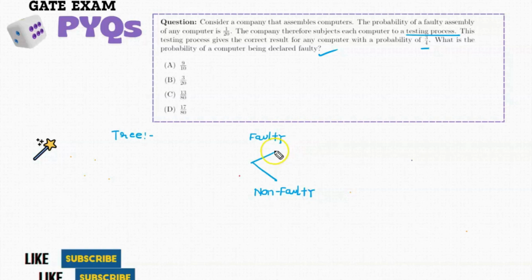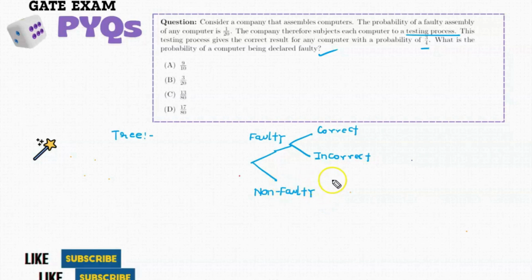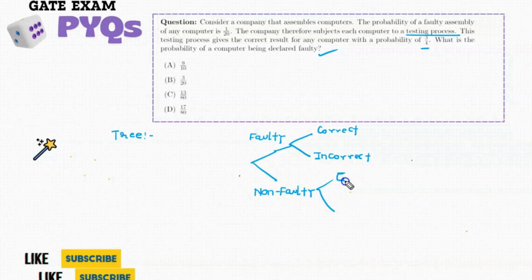Now, if it is faulty and it goes to the testing process, there can be a correct result or an incorrect result for this faulty computer. Similarly, for the non-faulty one we can also have a correct result as well as an incorrect result.